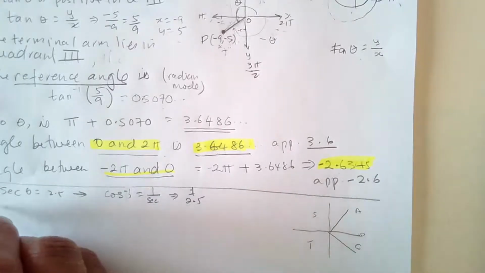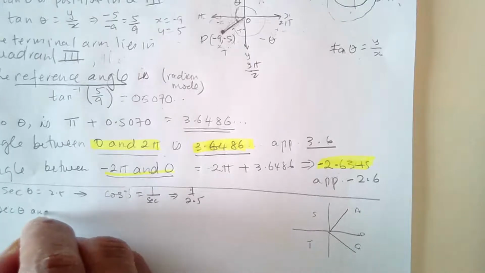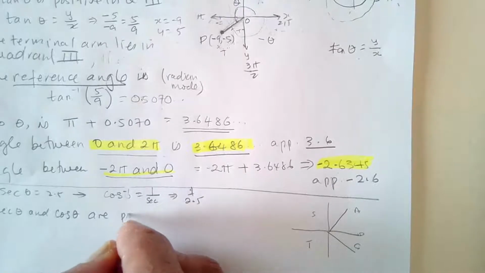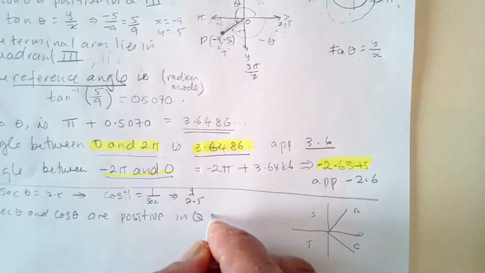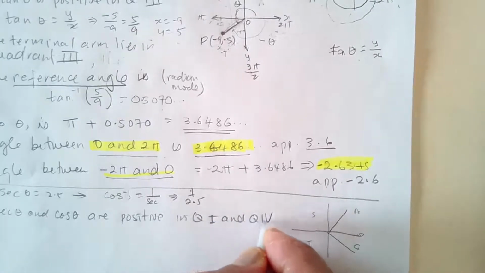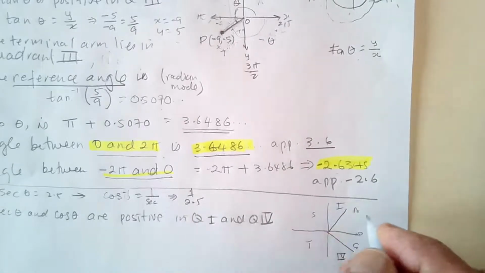So secant theta and cos theta are positive in quadrant 1 and quadrant 4.